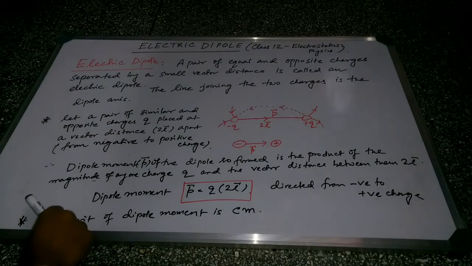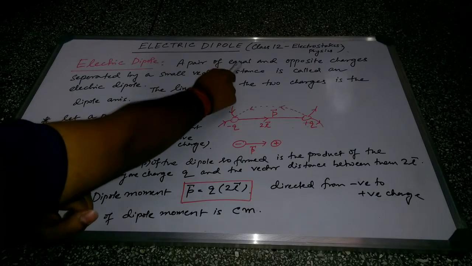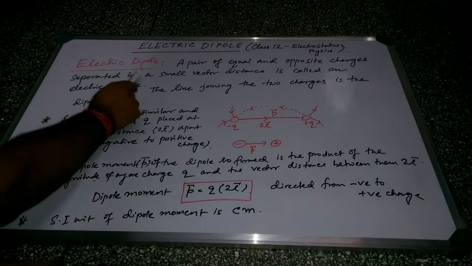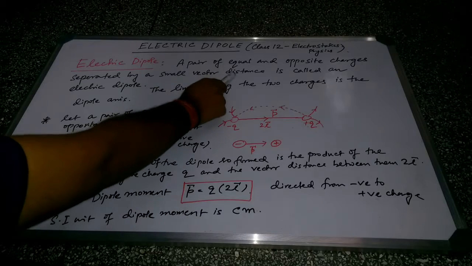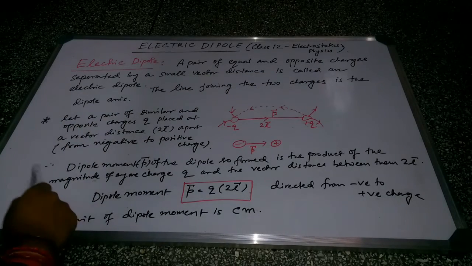Now let's talk about the electric dipole. So what is an electric dipole? A pair of equal and opposite charges separated by a small vector distance is called an electric dipole.